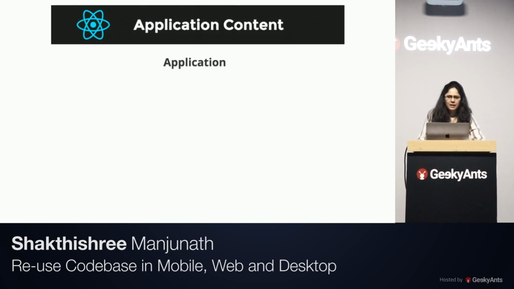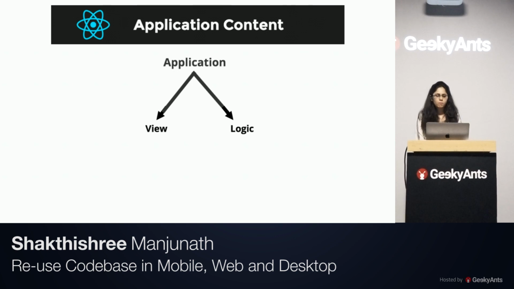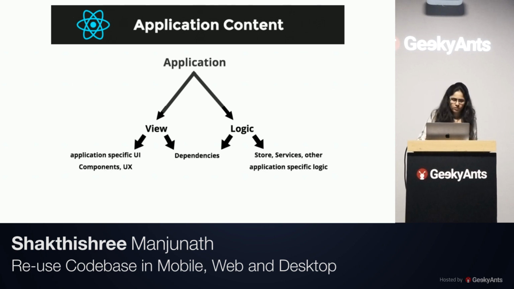So if you take up any application, you can divide that application into a view part and a logic part. So the view part will contain your UI components and everything, and also third-party UI libraries like Native Base, and your business logic part would contain some of the application specific logics, services, stores, everything, and the third party dependencies again.